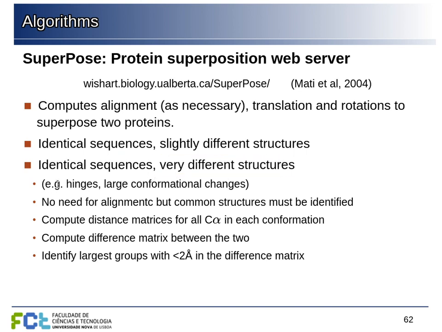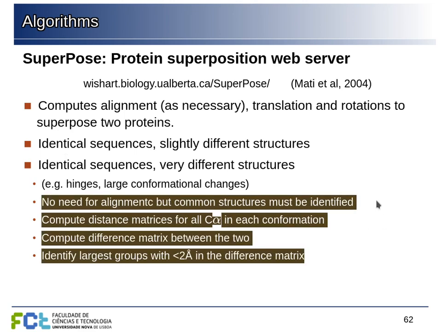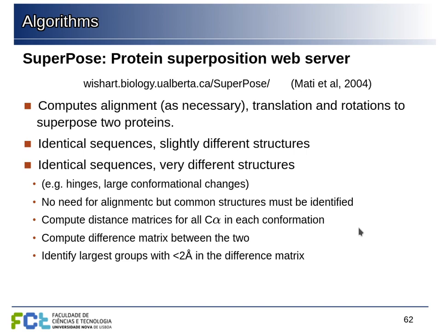For example, the protein has some hinge that can bend, and there are large conformational changes. In this case, Superpose automatically identifies the common structures that are rigid and between which we have this kind of movement, like hinges and things like that.